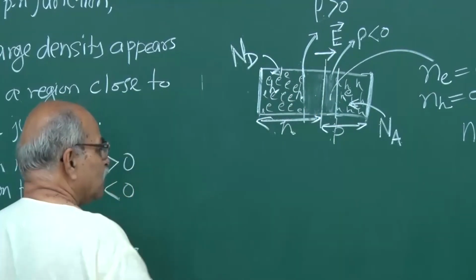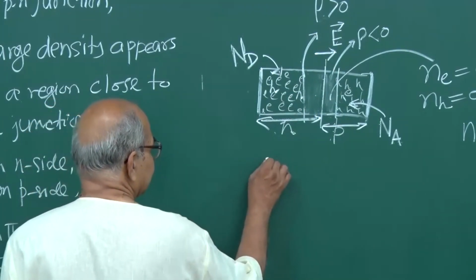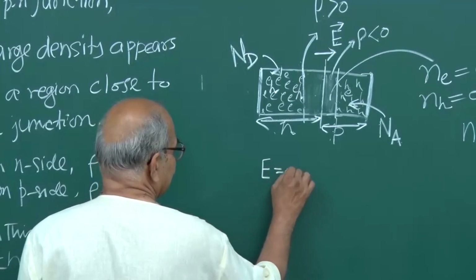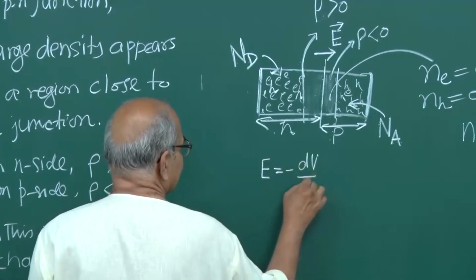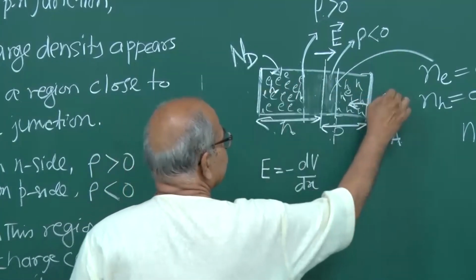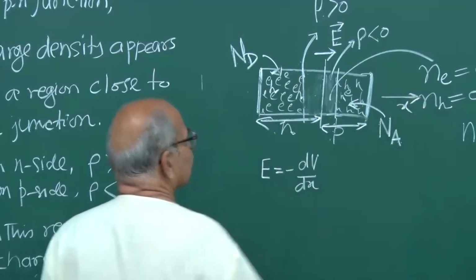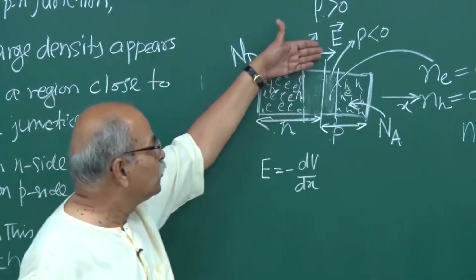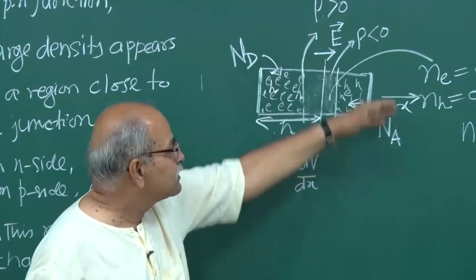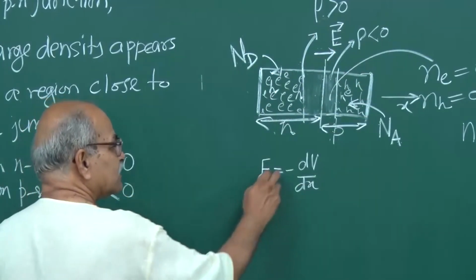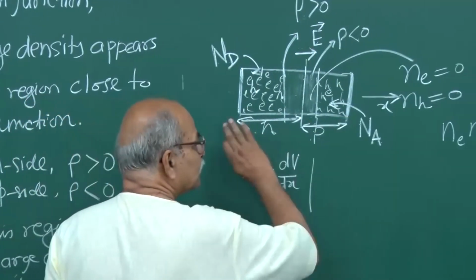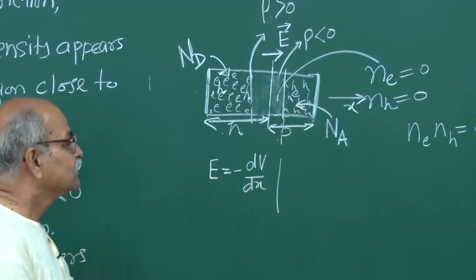You are going along the electric field. So if you go along the electric field, potential decreases, E is minus dV/dx. If I call this the x direction, and the electric field is in the x direction, then E is minus dV/dx. So potential decreases.